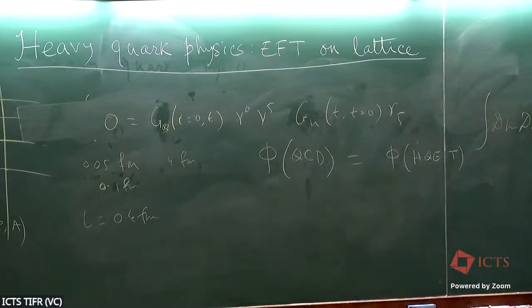Typically, if you want to do the calculation to order 1 over m, I think you need some total 5 parameters. One is to tune just the bare mass, and 2 parameters in this order 1 over m Lagrangian, and 2 parameters for matching the A0. So you need to calculate 5 observables.